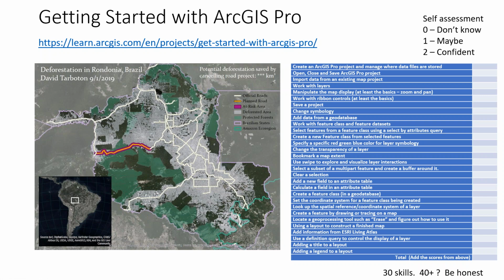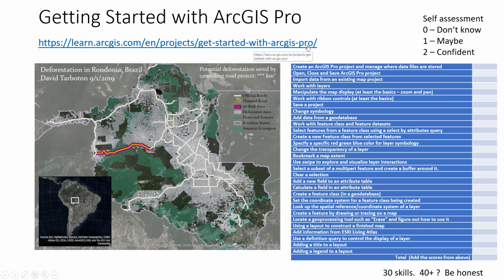But I realized that many of you will be somewhat new to GIS. Some of you will have learned in earlier versions of the software. I know a lot of schools are still teaching with ArcMap, the earlier versions of ArcGIS. So to get us all on the same page, I put this link, and this was also what I put as the prerequisite for anybody who didn't have any GIS experience to get up to speed.